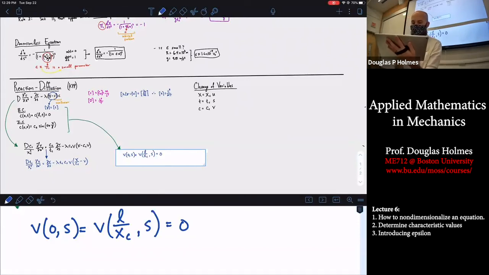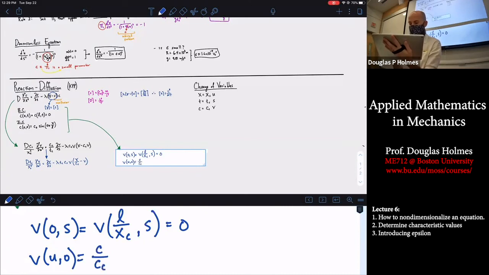These are two boundary conditions, and my initial condition is that V of U at 0.